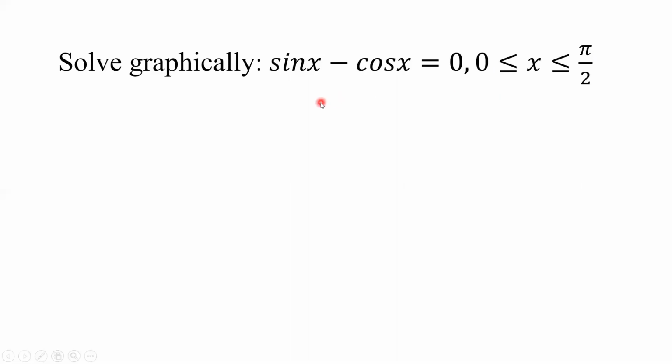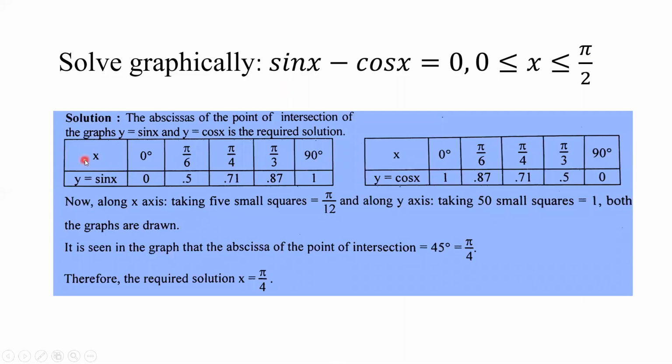Then we must find the point of intersection of sin x and cos x, and that will be our required solution. Here, in a similar way, we found in a chart the values of sin x at x equal to pi by 6, that is 30 degrees, pi by 4, 45 degrees, pi by 3, 90, 0, 0.5, 0.71, 0.87, 1.